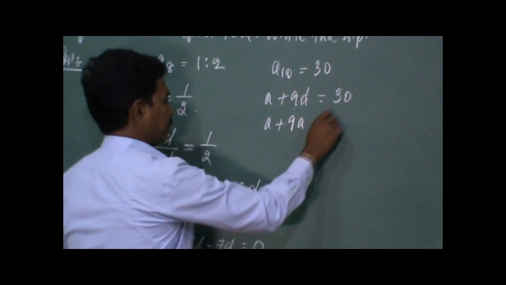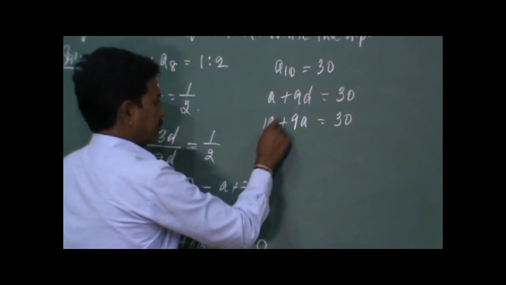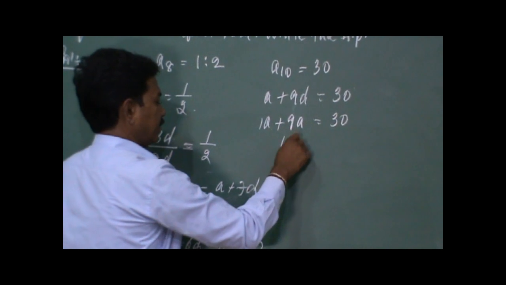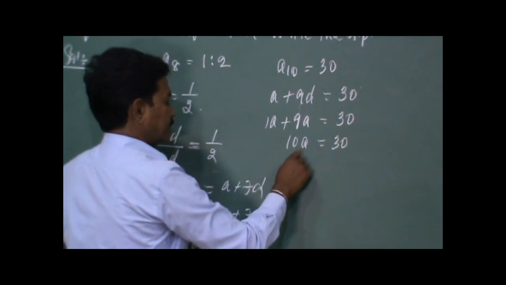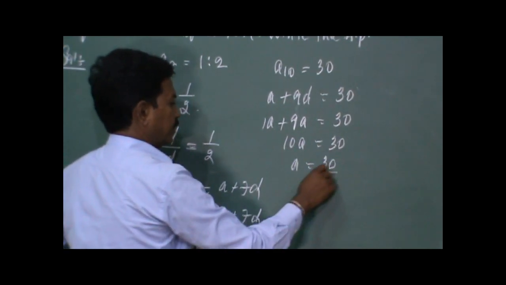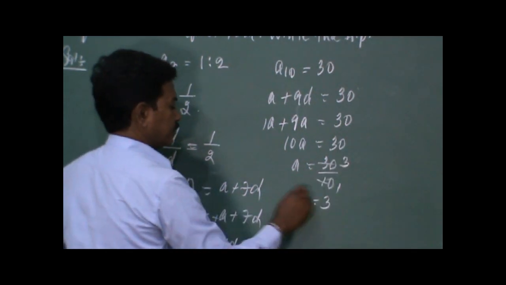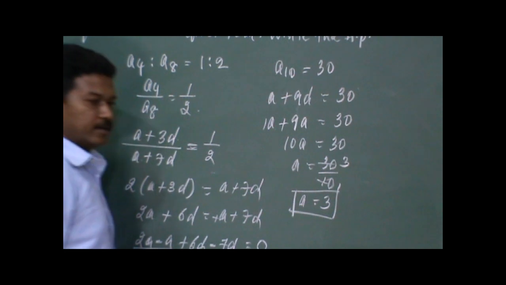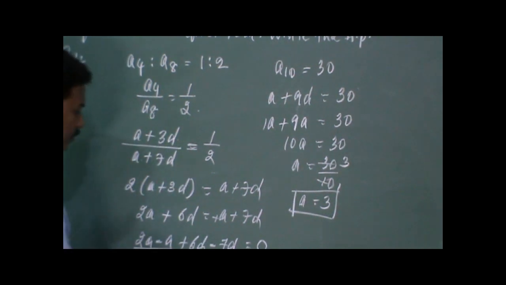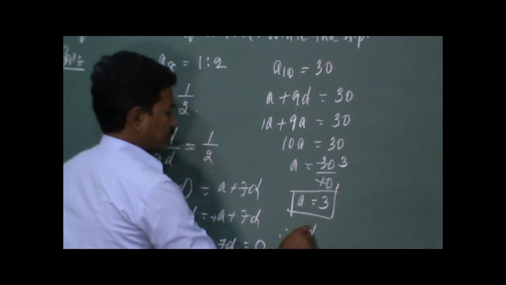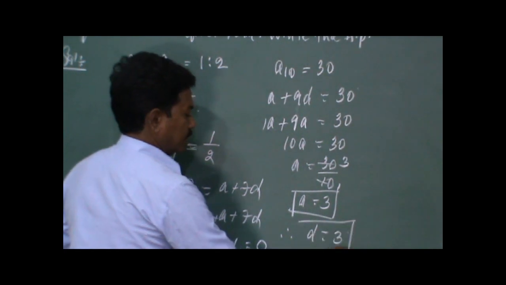So A plus 9A, that is 10A, is equal to 30. So A is equal to 30 by 10. Then 1 tens are 10, 3 tens are 30, so A is equal to 3. So we have got the value of A. Since A is equal to D, the value of D is also equal to 3.